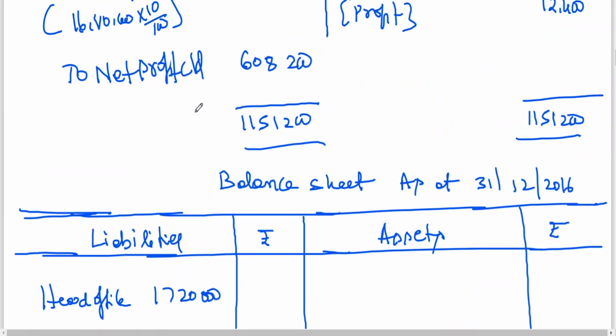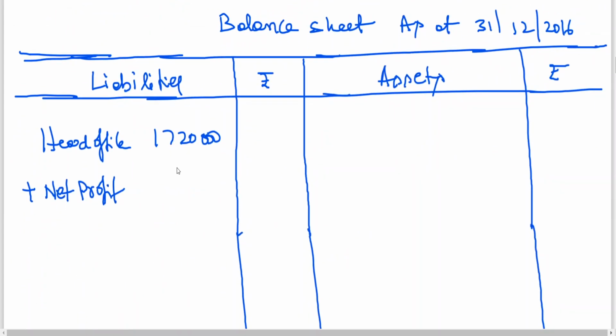Just now we got net profit of 6 lakhs 8,200. Seventeen lakhs 20,000 plus 6 lakhs 8,200 is coming to 23 lakhs 28,200.